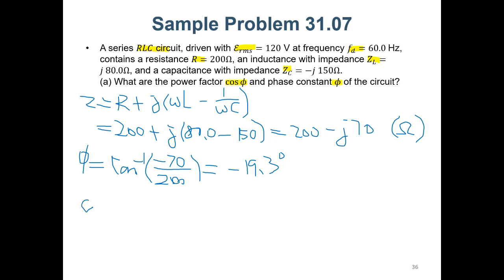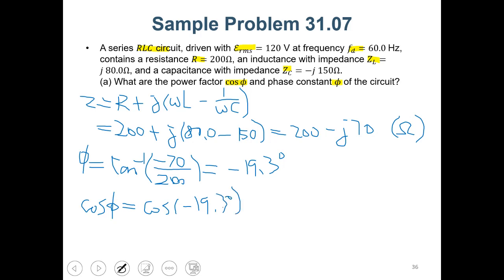In this case, cosine phi is cosine of minus 19.3 degrees, which is 0.944. So we have the phase constant and also the power factor. The power factor is cosine phi, which is dimensionless.